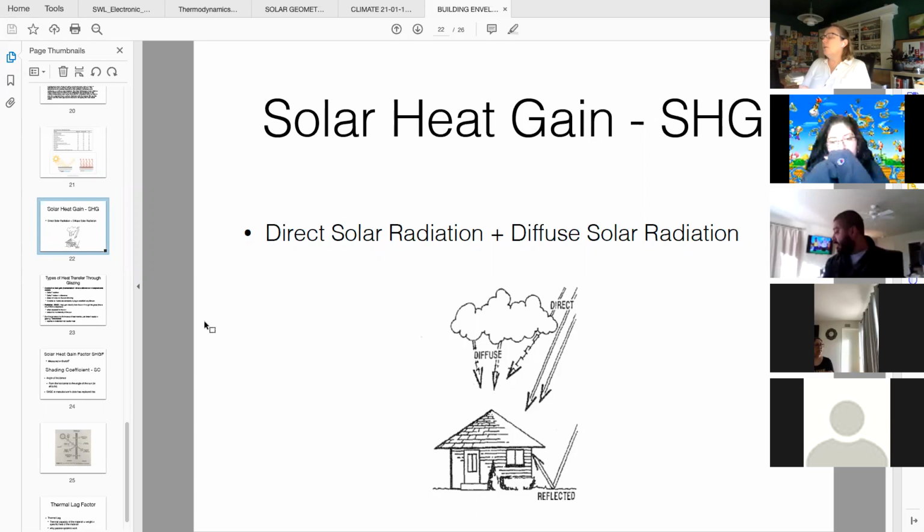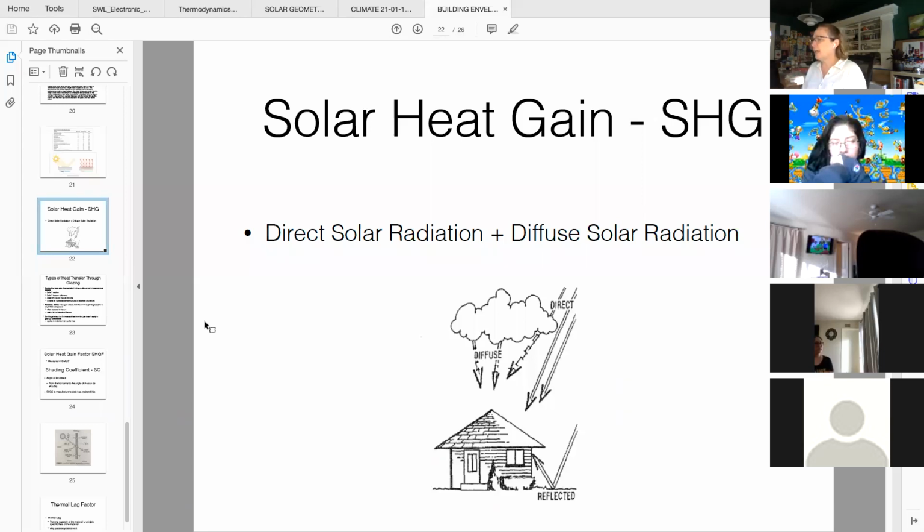Okay, so one of those other definitions from the beginning of today was solar heat gain. This is talking about the heat load that is hitting a building surface, typically the roof. It also hits our walls too.